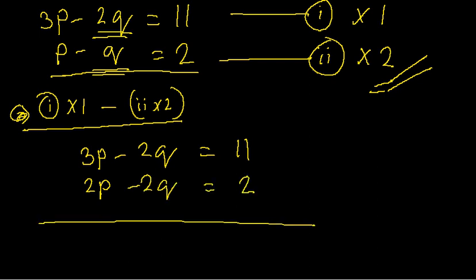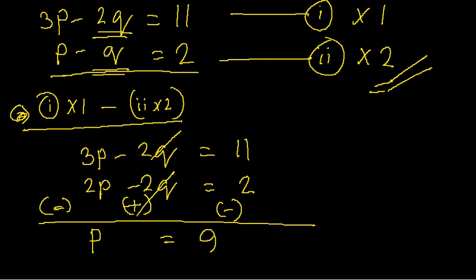If we subtract, the signs will be changed, and the 2q is cancelled. 3p minus 2p is p, so p equals 11 minus 4, which equals 7. So we got the value of p.